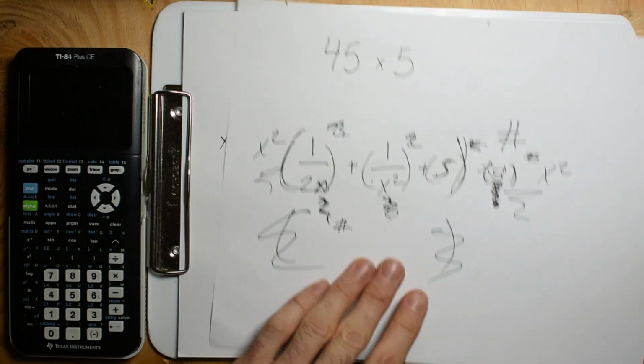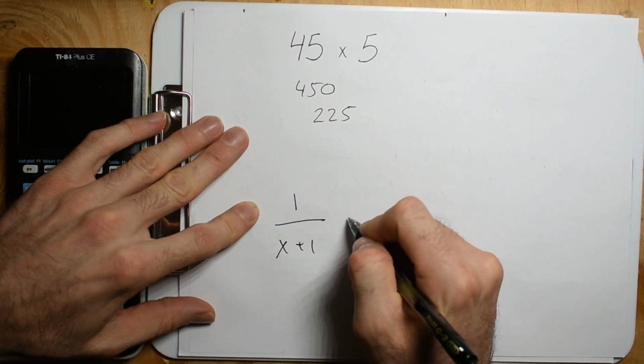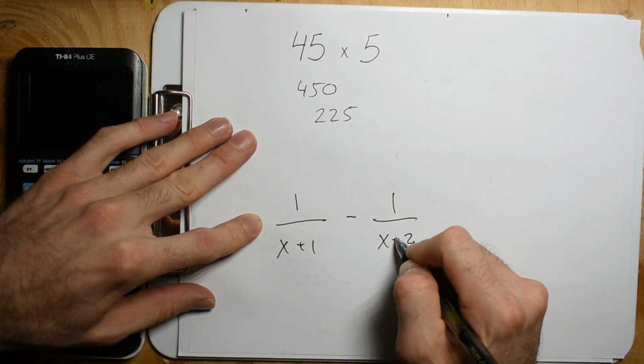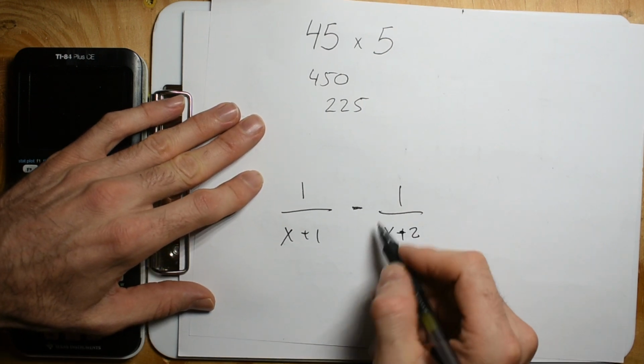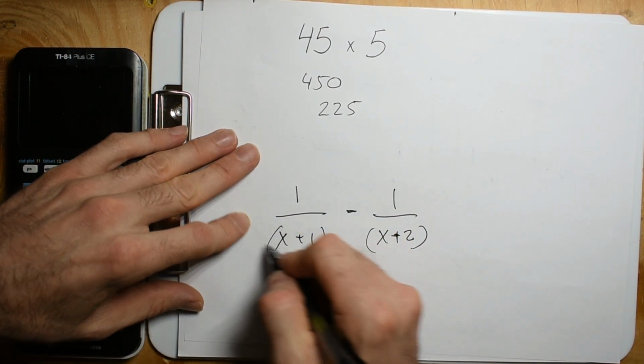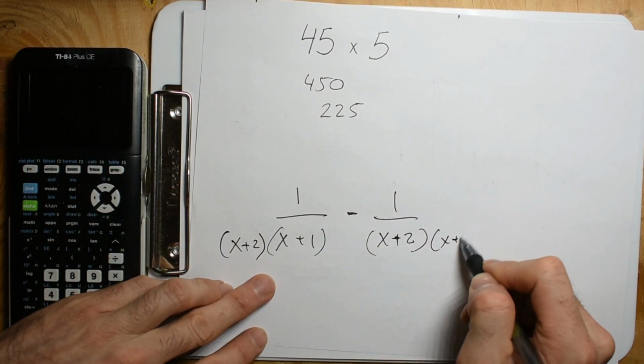And then I guess the last one to leave it on would be where you have 1 over x plus 1 minus 1 over x plus 2. What can you do to this? Get your denominators the same by multiplying by x plus 2 and then x plus 1.